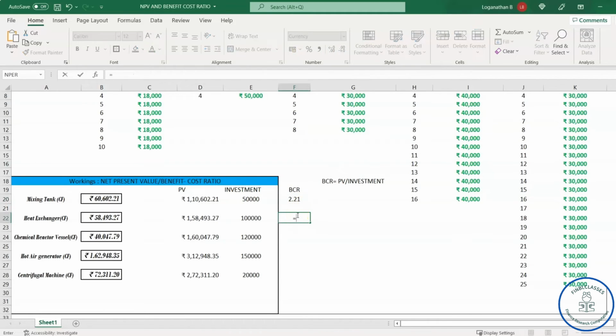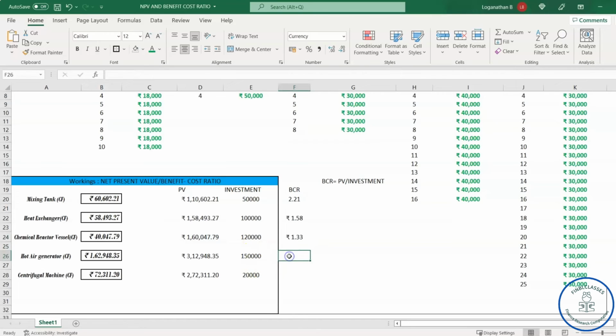Then similar way, equal to PV, that is D22 divided by your 1 lakh, you'll be getting 1.58, and equal to again PV, present value of 1,60,047 divided by 1,20,000.